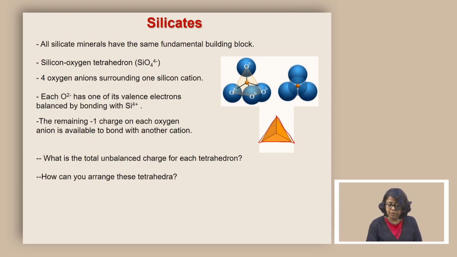They can bind with other elements, but they can also bind with other silica tetrahedra, and that is the key to understanding the overall mineral variability among silicates on the crust, and that is what we are going to look at.